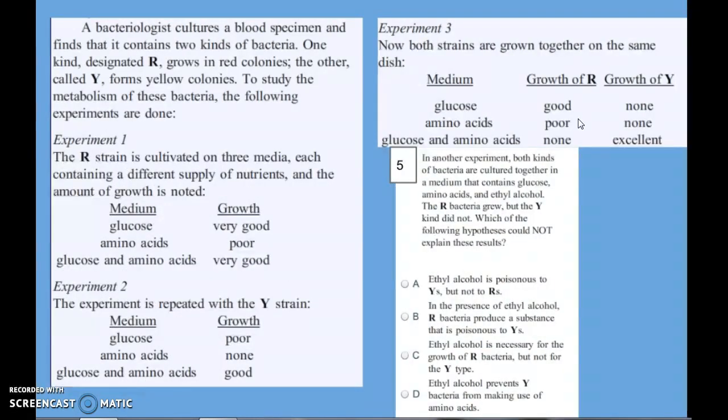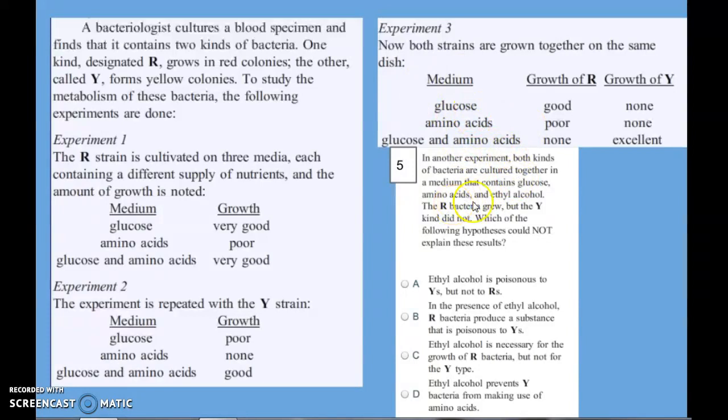All right, last one. It's also looking at another experiment that happened last week. If you need more detail on that, go back to last week and it'll tell you some more about that. But this time we're adding something. We're looking at another experiment with these 2 types of bacteria, R and Y. We've seen them in glucose, in amino acid, and in glucose and amino acid, by themselves and together in those different mediums.